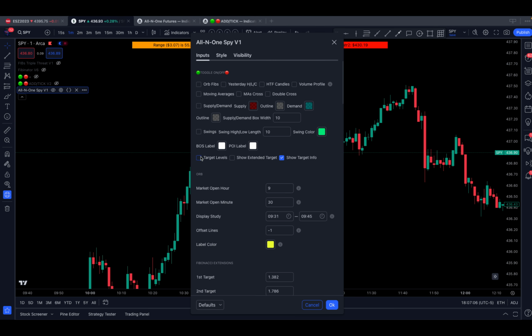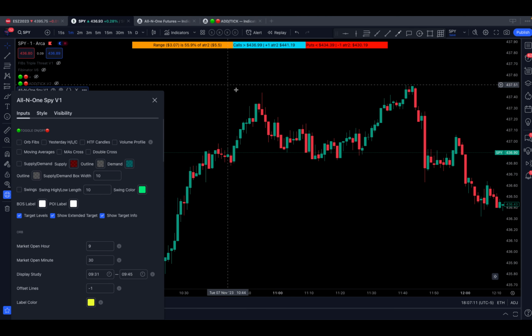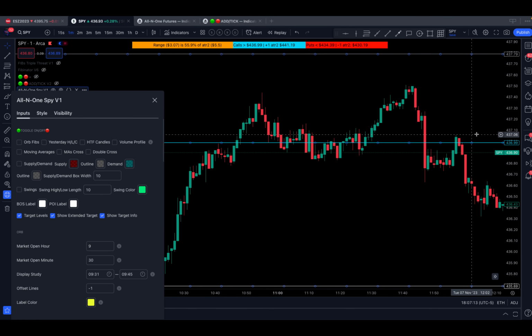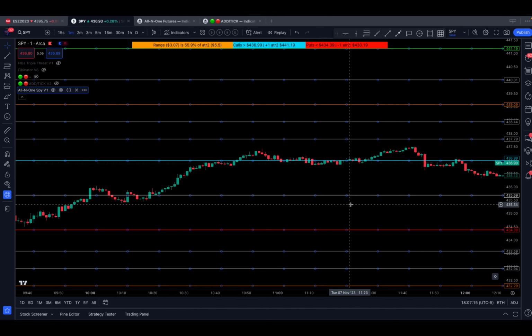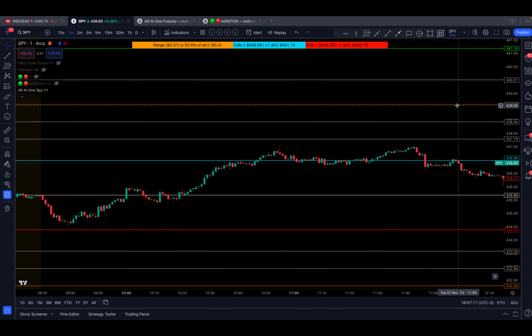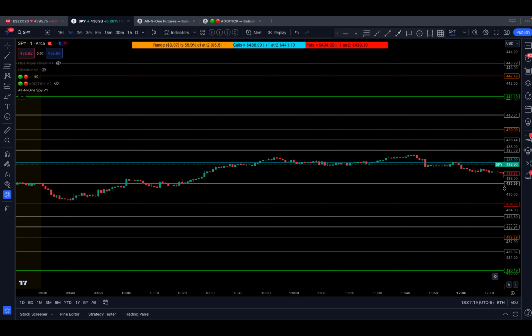When you show the target levels here, it'll plot these target lines, and there's a bunch of them. So if Jimmy's lines aren't on the chart, or for some reason Jimmy is sick and wasn't able to plot his lines, you can come in here and hit that.